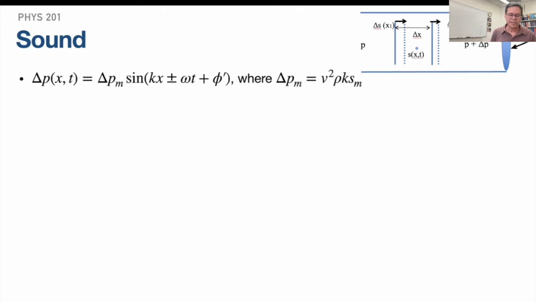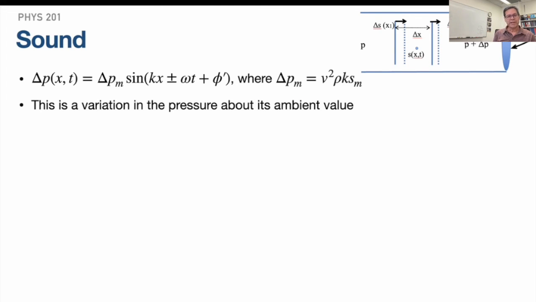So here was that last expression where I'm talking about this pressure wave. It's a change in pressure with an amplitude and a sinusoidally varying function. And the thing to point out is this amplitude is not the absolute pressure itself. This is a change in the pressure from whatever the ambient value is.